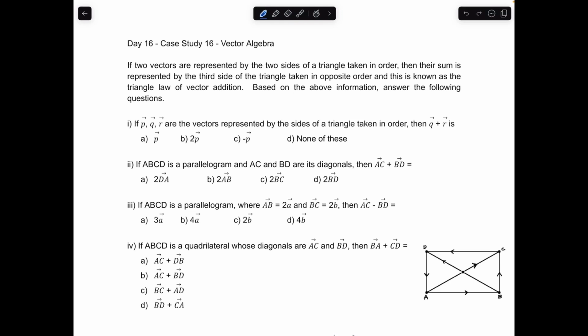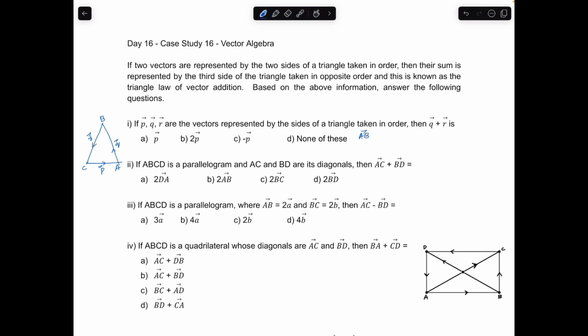If P vector, Q vector, R vector represents the sides of a triangle taken in order, then Q plus R is. So let's consider this triangle ABC. Let this be P vector, Q vector, and R vector. Let's mark the direction of the vectors.